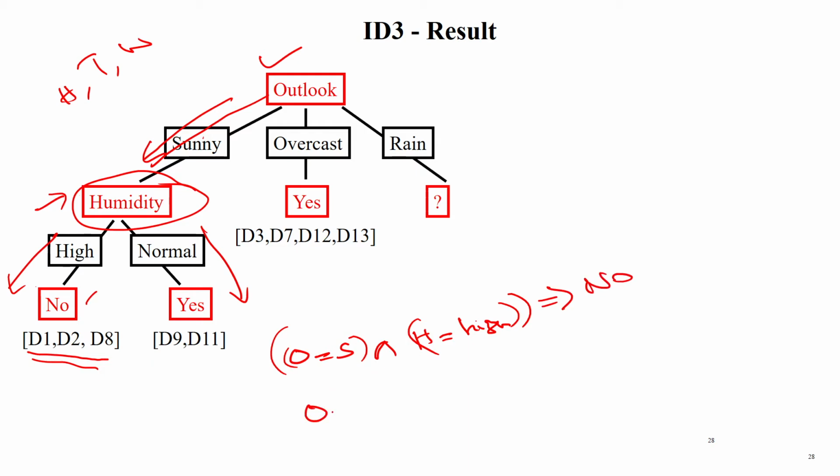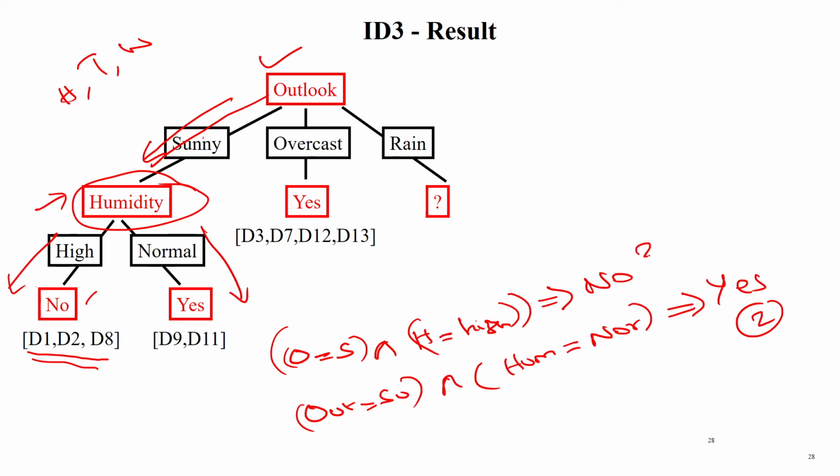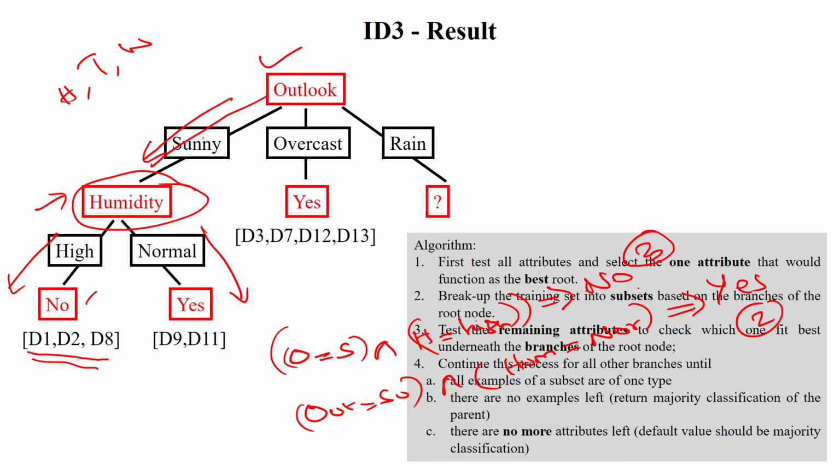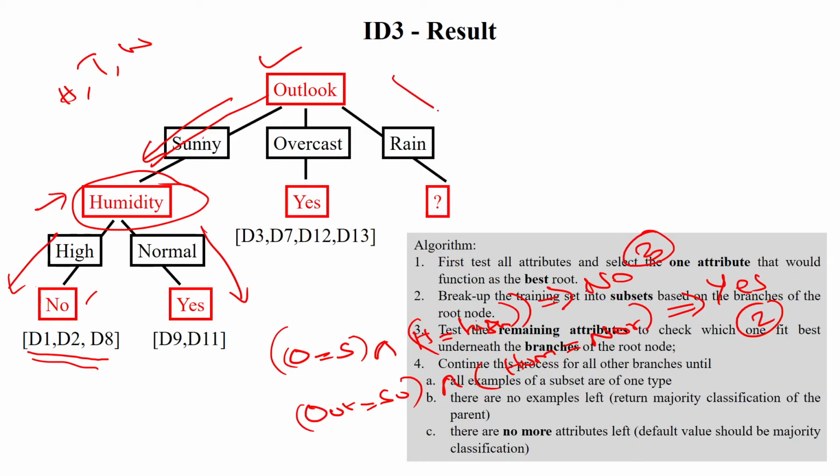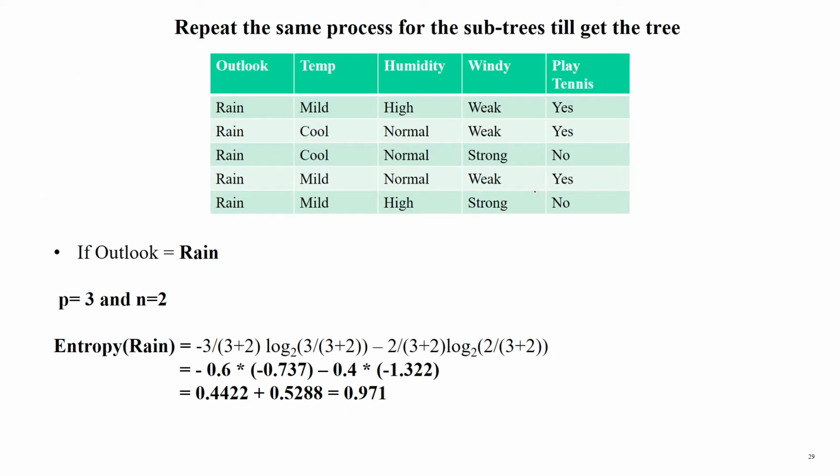And when outlook is sunny and humidity is normal, then there is the possibility of playing tennis. So here two samples are contributing, here three samples are contributing. This is the meaning here. Next, we have to repeat the same process for this path, rain.